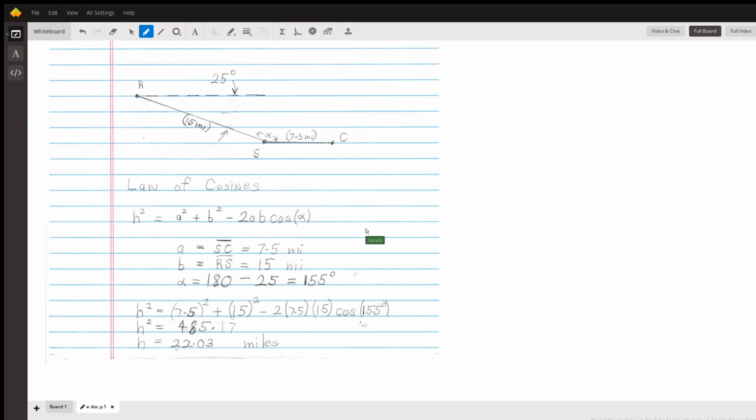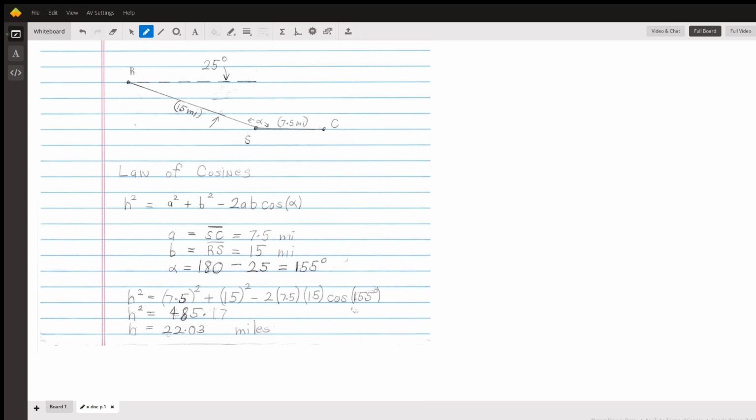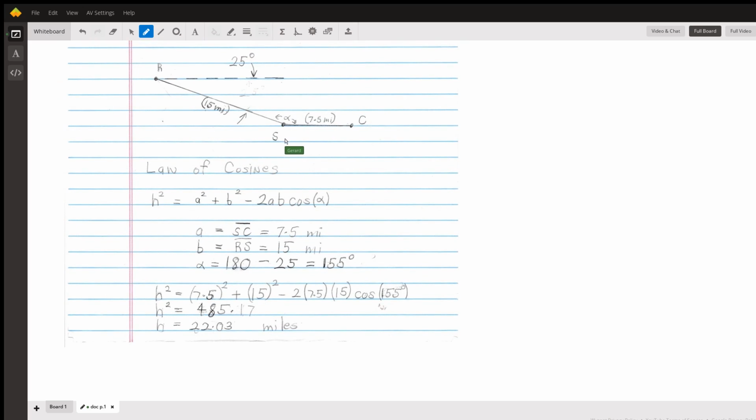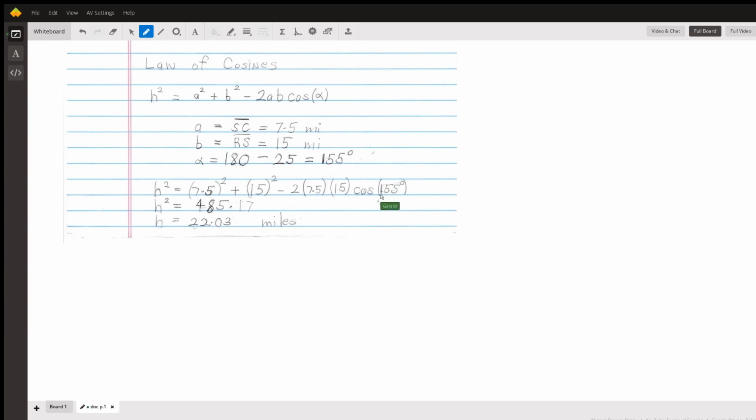One last note I want to make sure you understand is that you'll notice I picked for the angle 155 degrees, not the 25 degrees. That is because if you use 25 degrees in the problem, you will get the opposite sign of the cosine, and that will make this keep this as a negative.